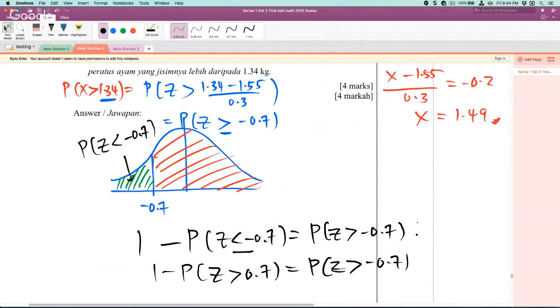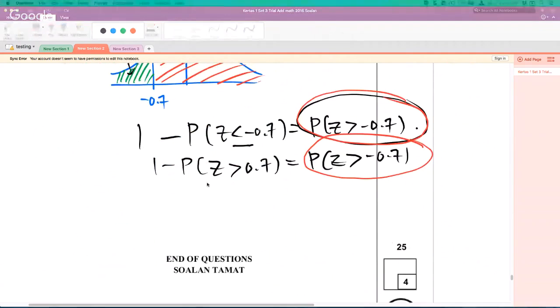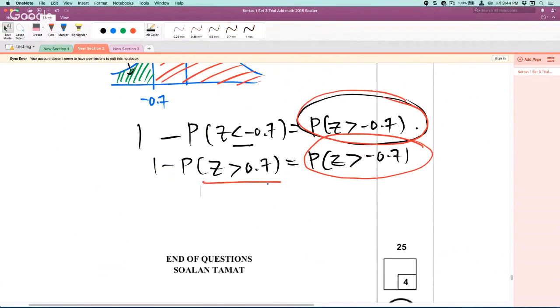Because this is what we want to find, please don't lose this. So this one we just leave here. What we need to do is this one, bigger than 0.7. That means you can find it straight away from the table. So you just go to your table to find bigger than 0.7.